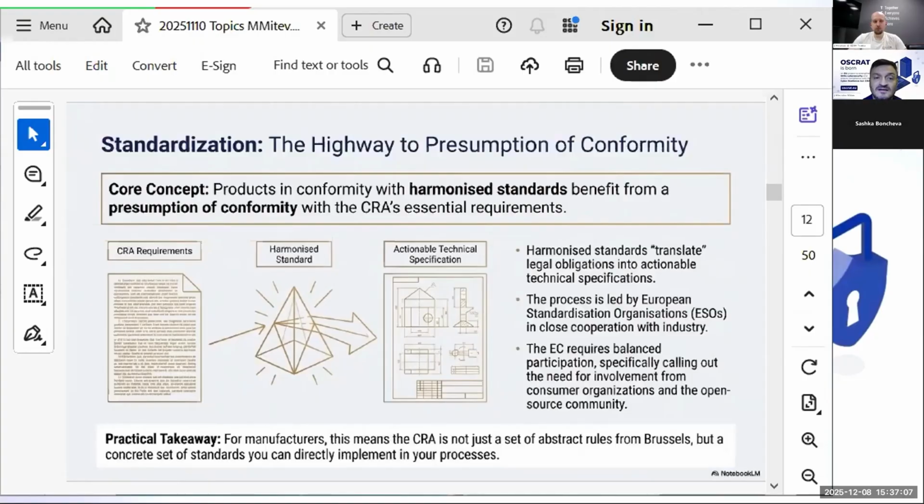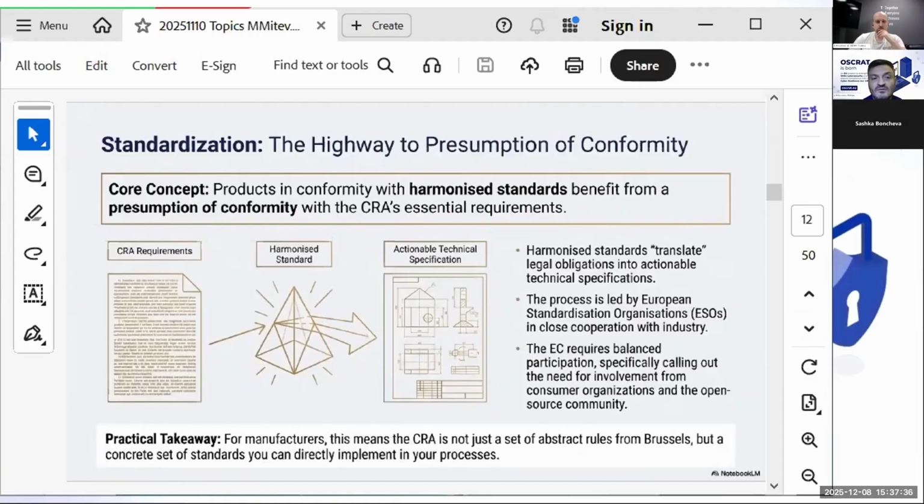This means that the product is considered compliant. These harmonized standards translate legal obligations into clear technical specifications. The standards are created by the European Standardization Organizations, together with industry.